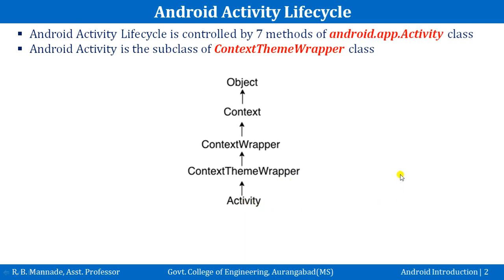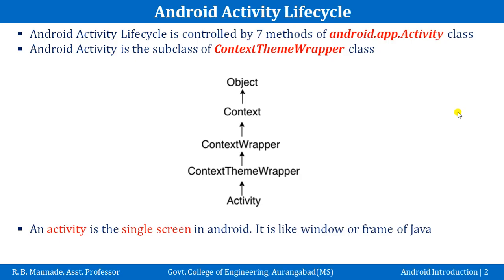In developer applications, this Activity class is used to build our own application as per our requirement. Now in Android, an activity is a single screen, like a window or a frame in Java.